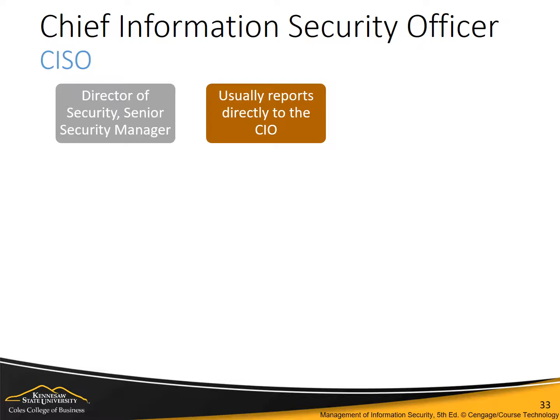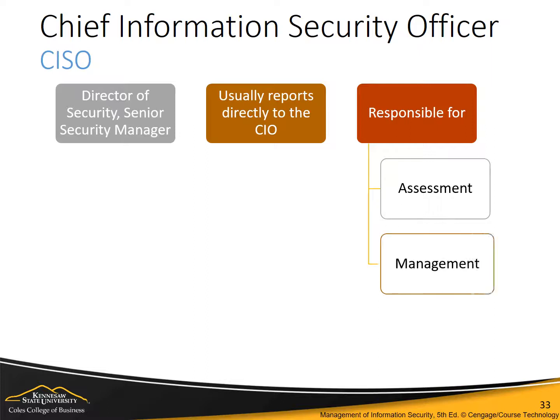It's preferable to have the CISO report directly to the CEO or president, which again allows infosec to have a seat at the table of the board of directors. The CISO is primarily responsible for the assessment, management, and implementation of the program that secures the organization's information.